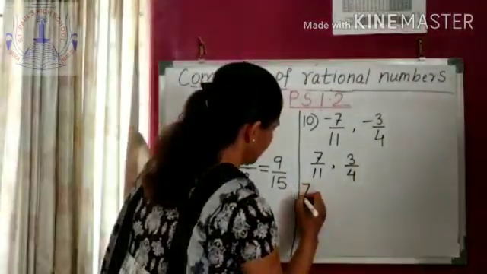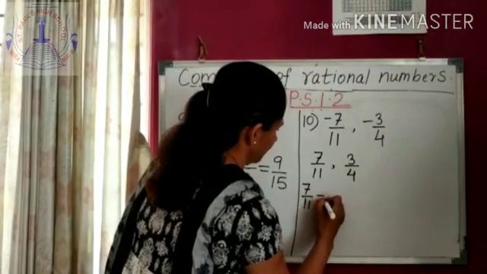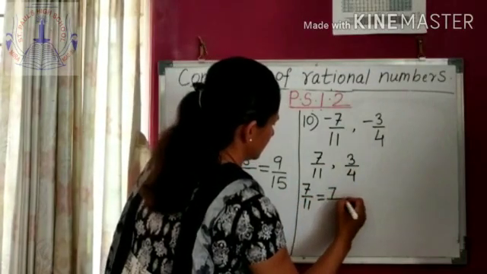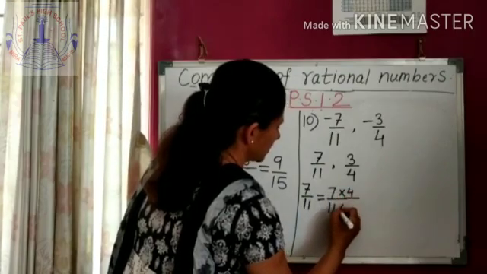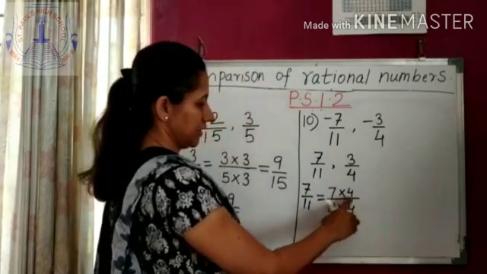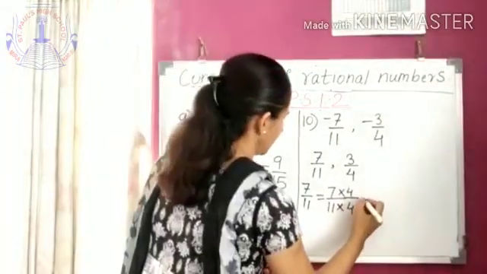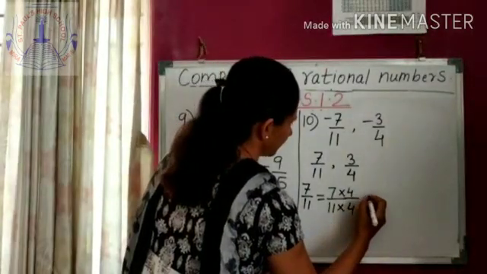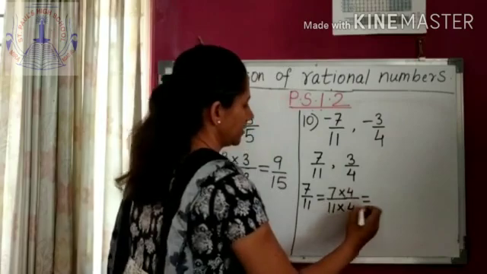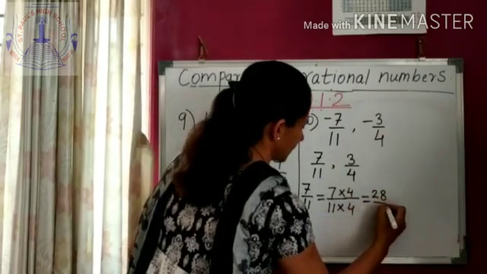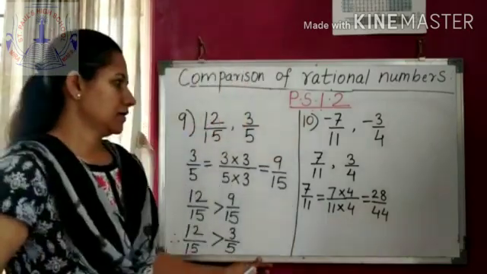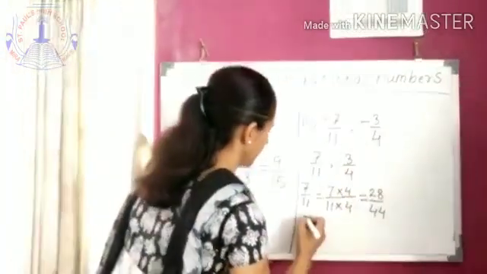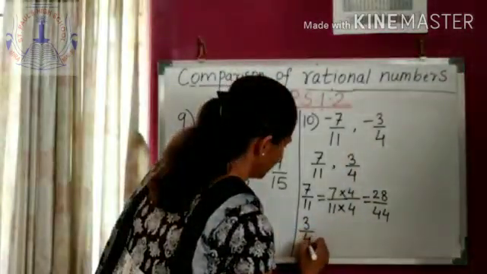So 7 upon 11 will be equal to, the constant will be 4 over here. 7 multiplied by 4 upon 11 multiplied by 4, which will be equal to 28 upon 44. Now 3 upon 4.